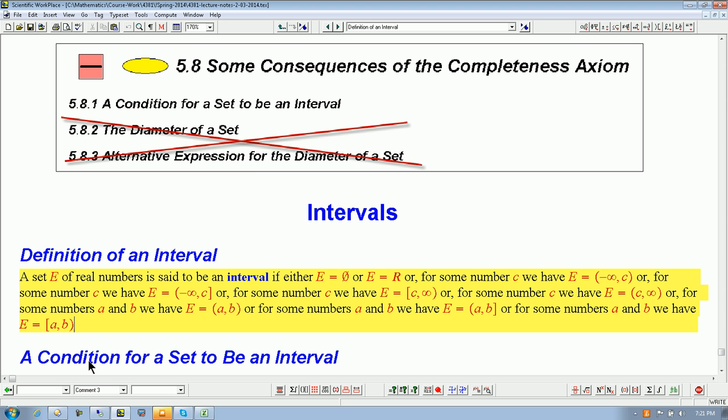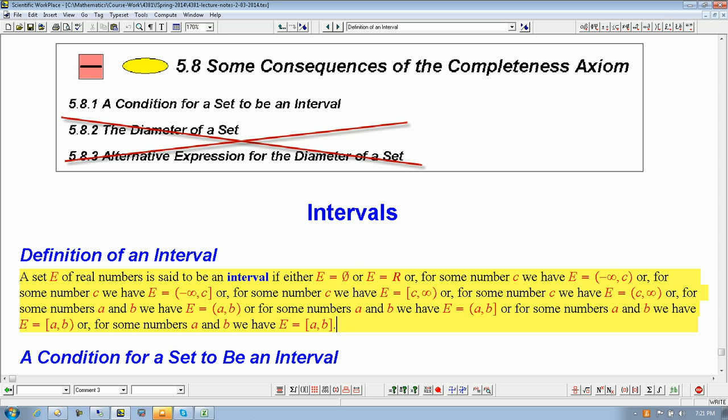Yes. Or for some numbers A and B, we have E is double closed, and those are the sets that are called intervals. Okay?